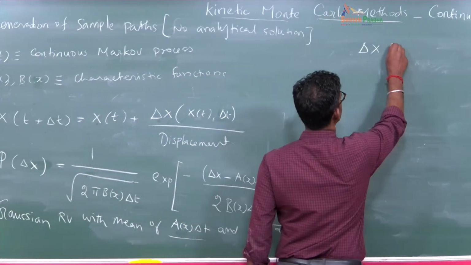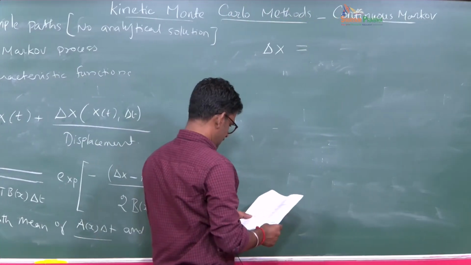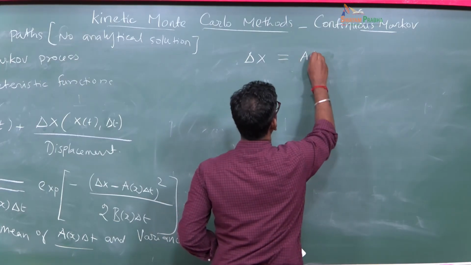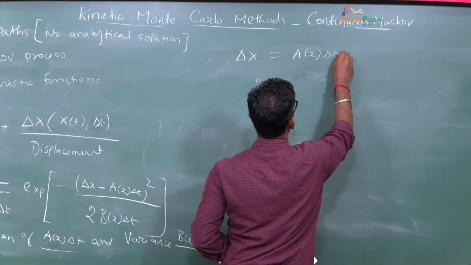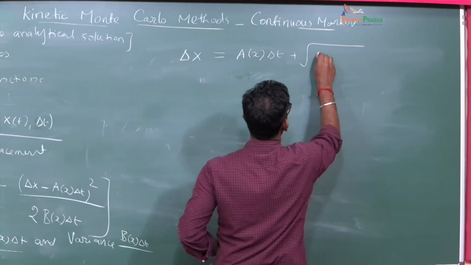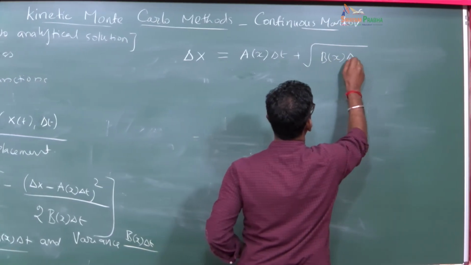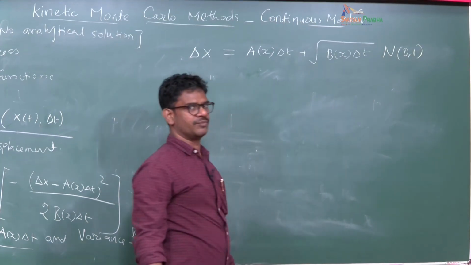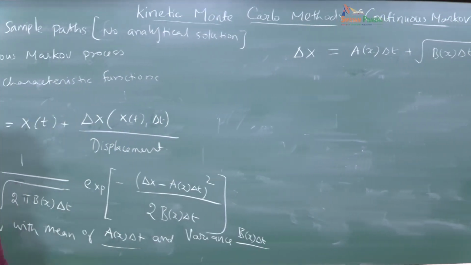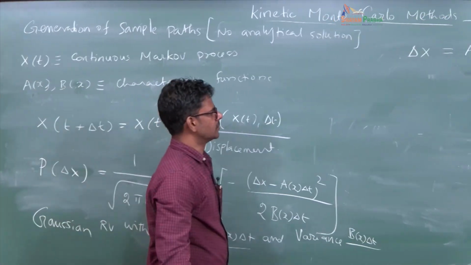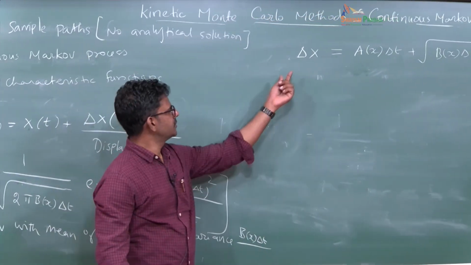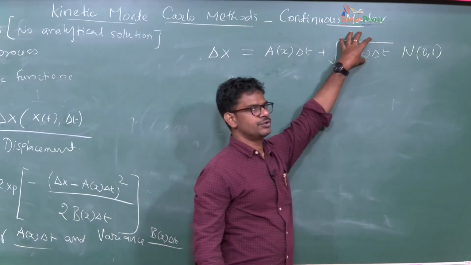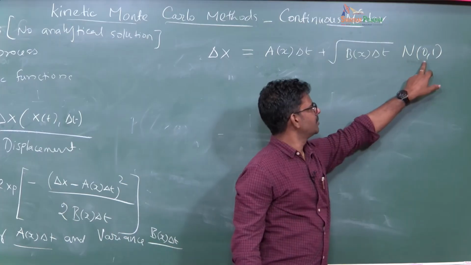So then we can write this delta x as a of x delta t plus square root of b of x delta t times a normal random variable. So at any time t, the displacement operator can be obtained from a drift and a diffusion quantity multiplied by a random variable.